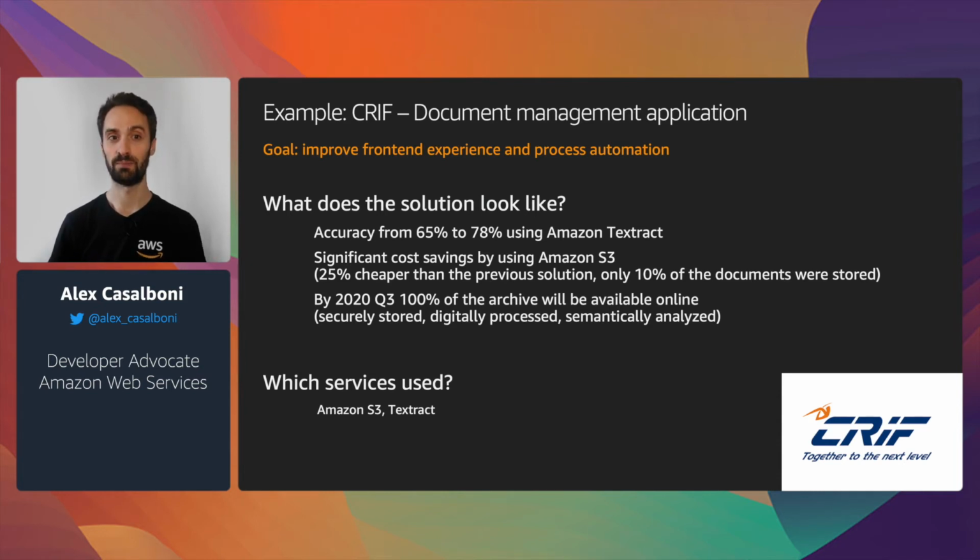So their goal is by 2020, by later this year, to have 100% of their physical archive available online. So it will be securely stored on Amazon S3, digitally processed, maybe even searchable and analyzed at the semantic level, so their customers can have another tool to look for these documents.